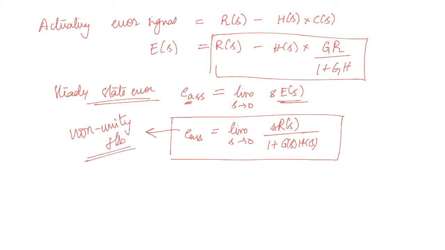This will also apply if you take the unity feedback system wherein H of S becomes 1. You will get the same expression that we derived for a unity feedback system once you substitute H of S equal to 1. So here there will be no confusion.